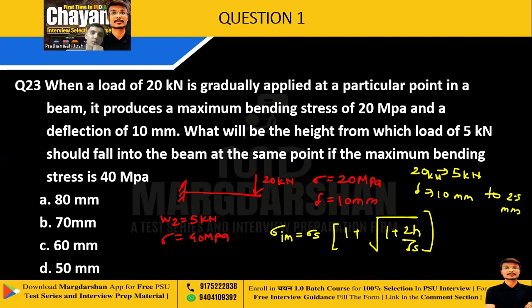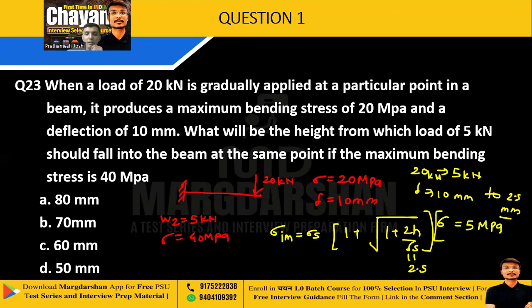So this should be 2.5 here. And height we have to find. Sigma static we know how much was 20, and we will consider, not 20, this is 5 kilonewton. Since loading is becoming 1/4, sigma will become 5 MPa.